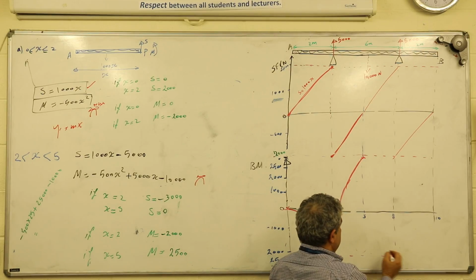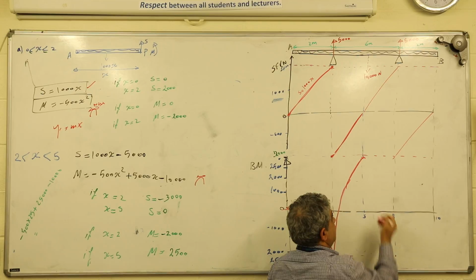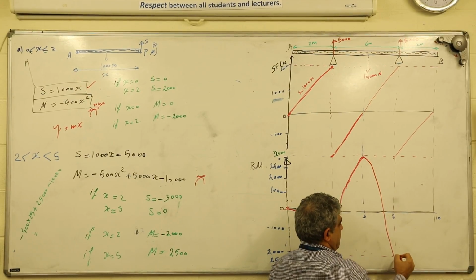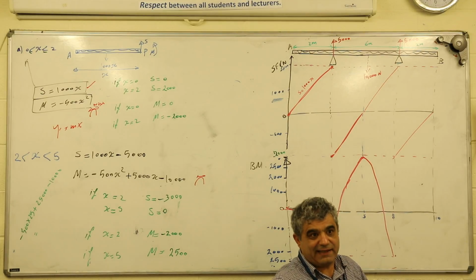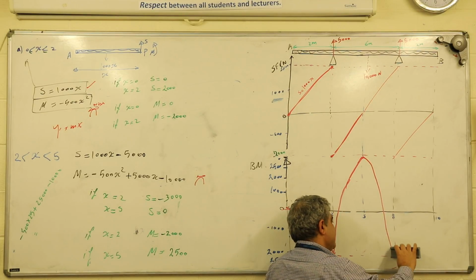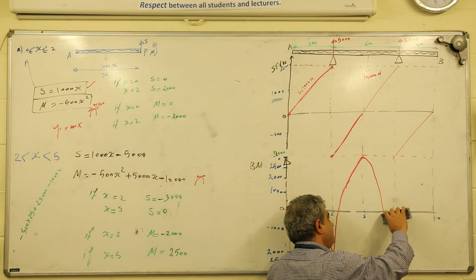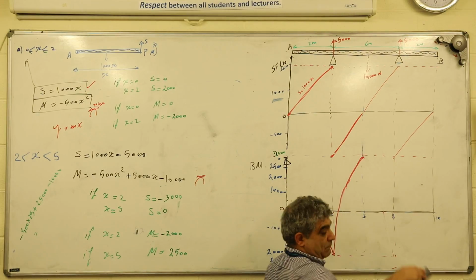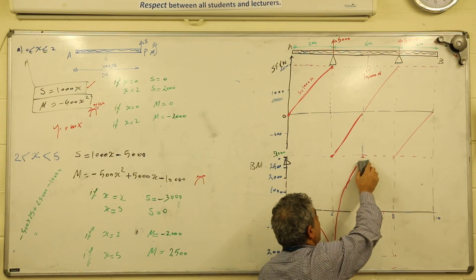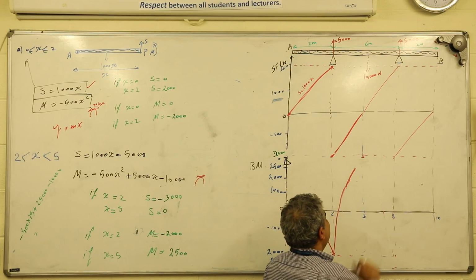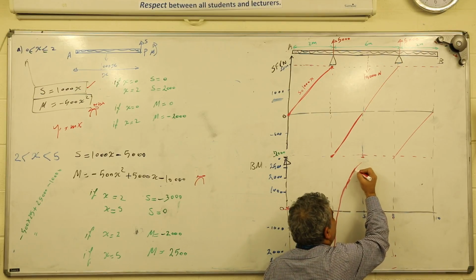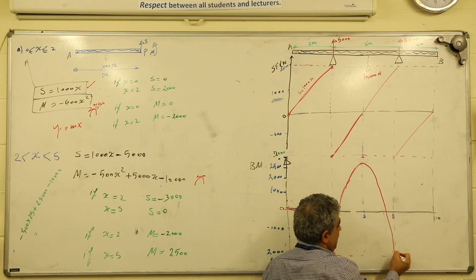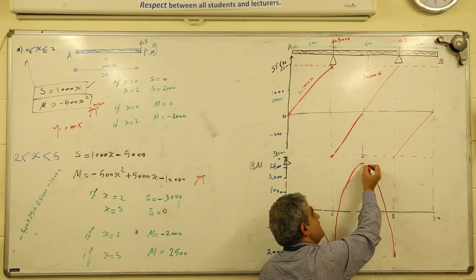Yes. This is a mirror image of that. But my drawing is not scaled, that's why it doesn't come out nicely. Let's bring it a bit down. Am I right? Yes? And this is the maximum.